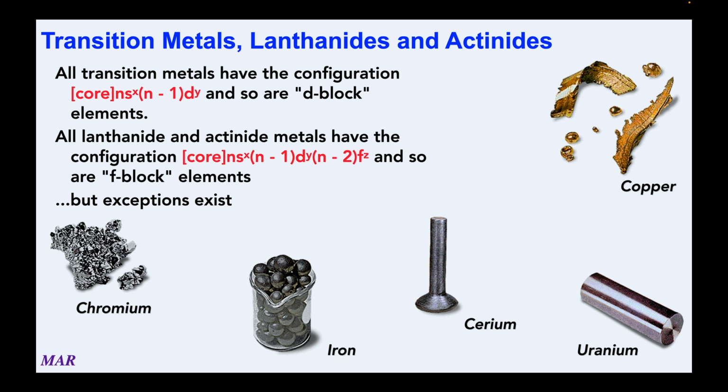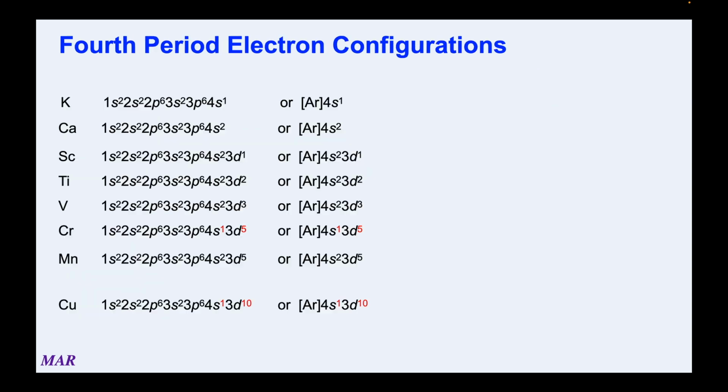So again, transition metals, the middle group there, chromium, iron, copper, are very, very common. Lanthanides and actinides can be things like uranium, cerium, and plutonium. So these are things that we definitely know about and hear about, and it would be cool to talk about their electron configurations.